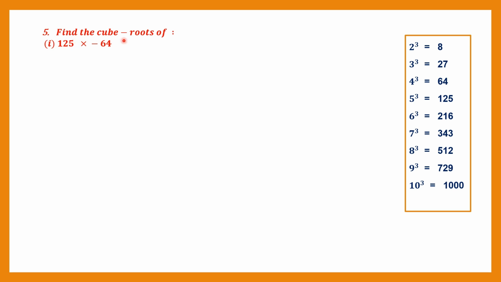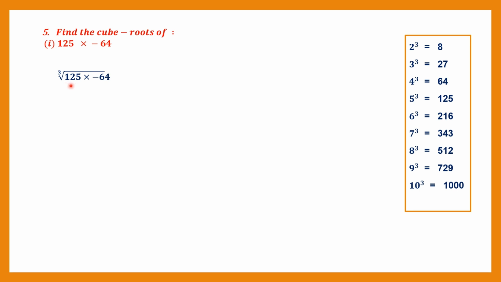Question 5. Find the cube roots of 125 into minus 64 is the first question. We have one more question. So to find that, we first put it down in this form. Now this table, I hope children, all of you have learnt. Okay, so here we have the number and the cube root of that is 2. 27, cube root is 3, 64, the cube root is 4 and so on.